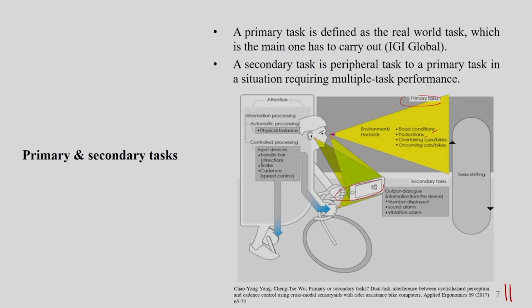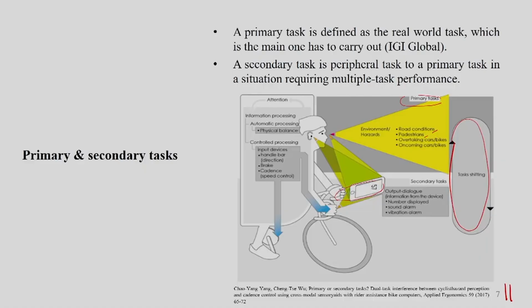You can understand from this that the primary task and secondary task are in a circular mode. First you give more attention to the primary task, and then you also get responses from the secondary task. Now let us understand the definition of the secondary task. A secondary task is a peripheral task. The primary task is the main task which he or she needs to perform; without that the system will not function.